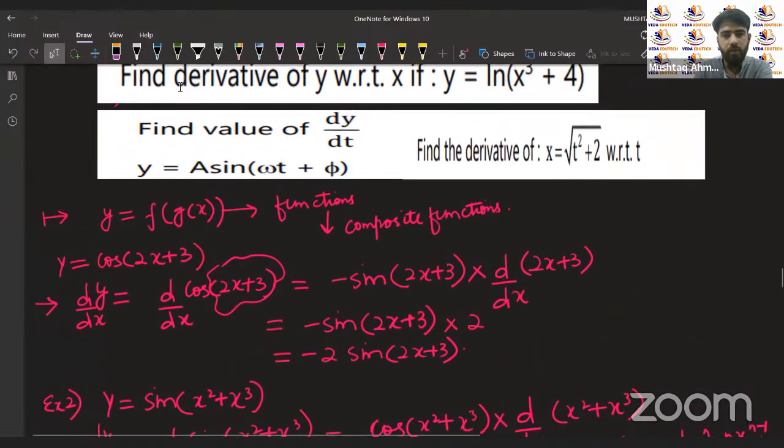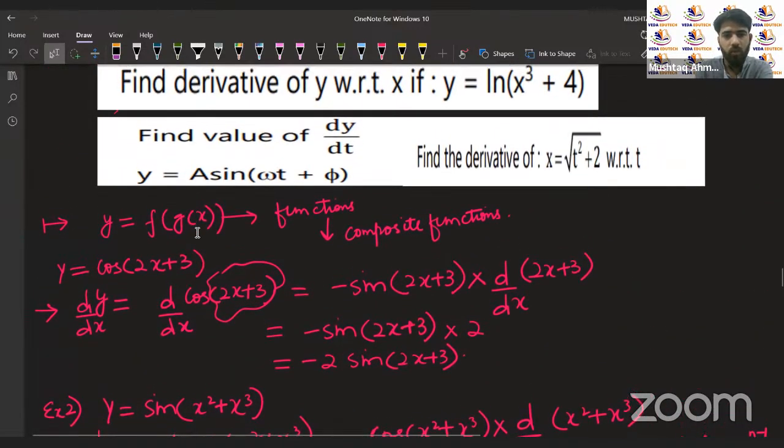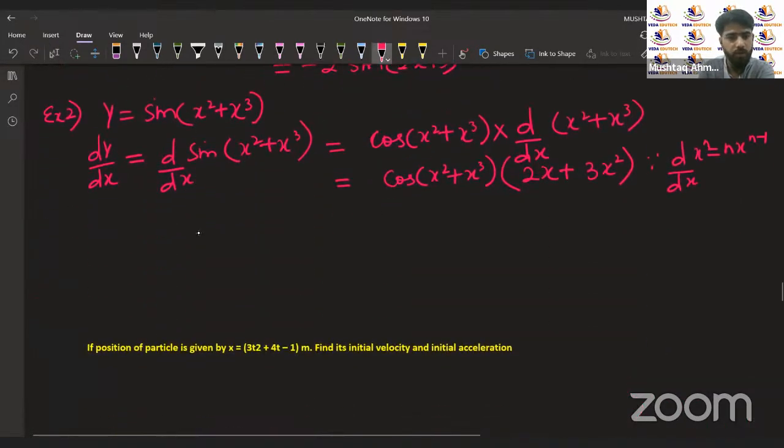और एक एग्जांपल ट्राई करते हैं. हमारे पास और एक एग्जांपल है. Example 3.